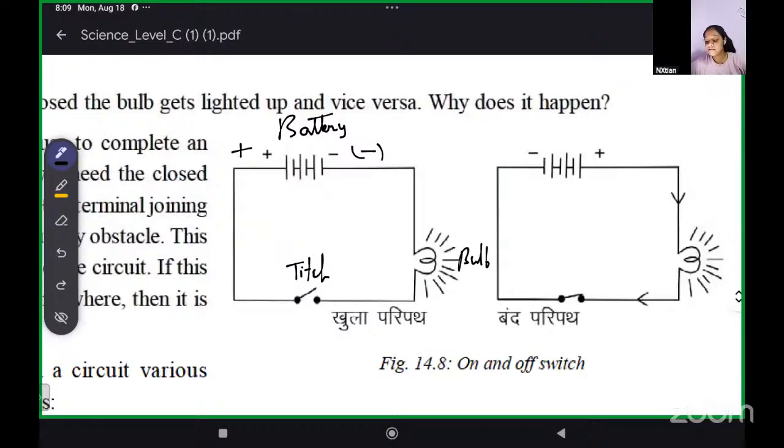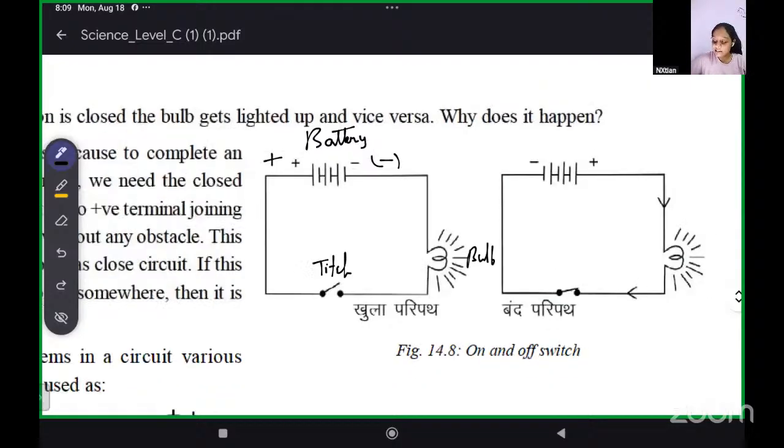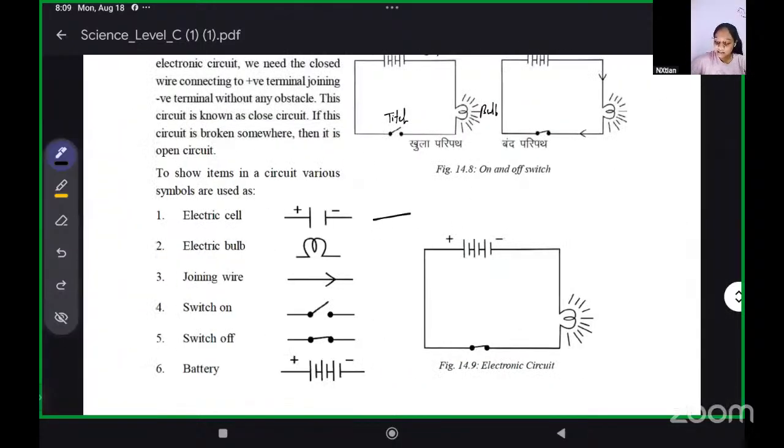Ma'am, another question is about this. Instead of using the bulb like they have drawn in the exam, can I just draw a circle and two crosses? Because this is actually the symbol that is used for a bulb.